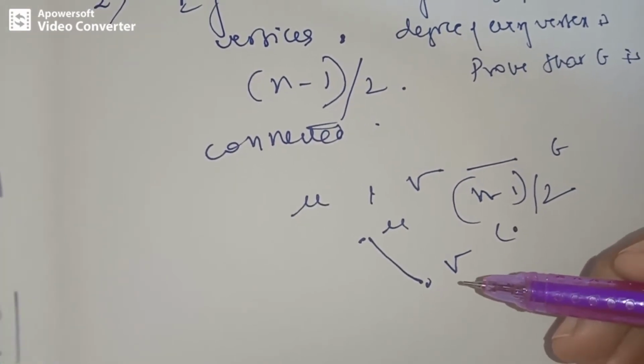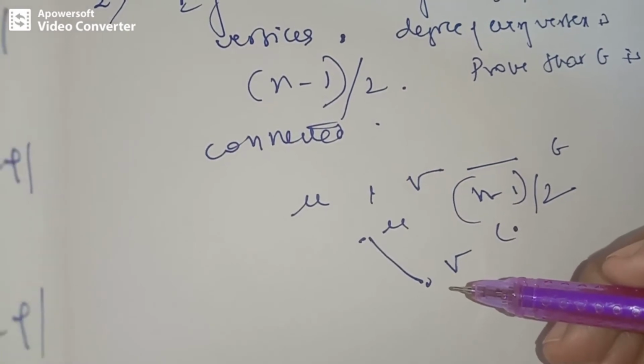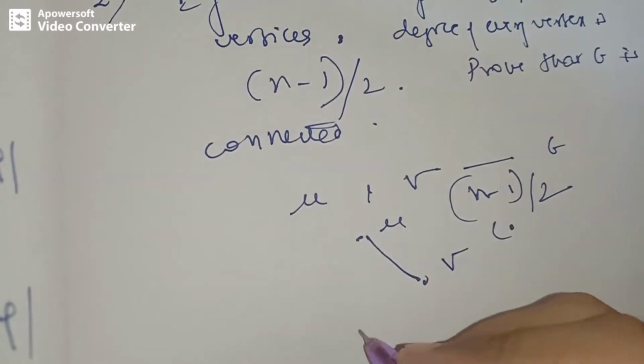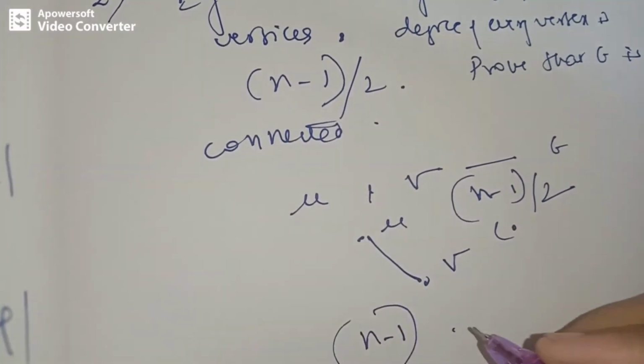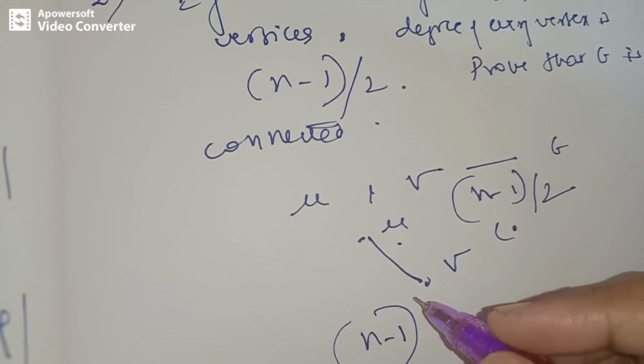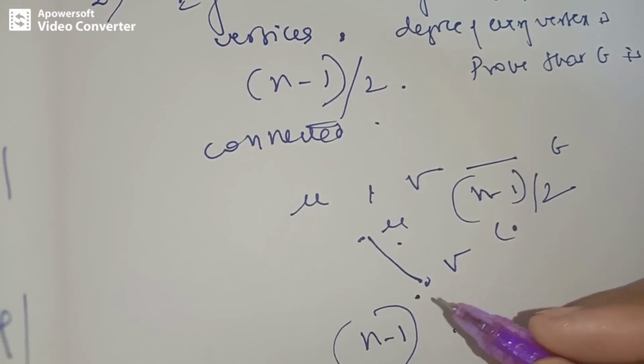Now, if we take u and v, they must have at least (n−1)/2 neighbors each.